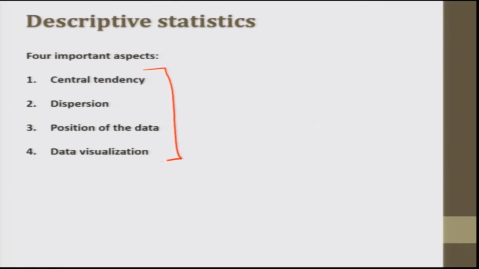These are the 4 components that I just discussed in the contents of descriptive statistics. Number 1 is central tendency, or what we call the value of data. Not only value, I will call it the predominant value of the data.